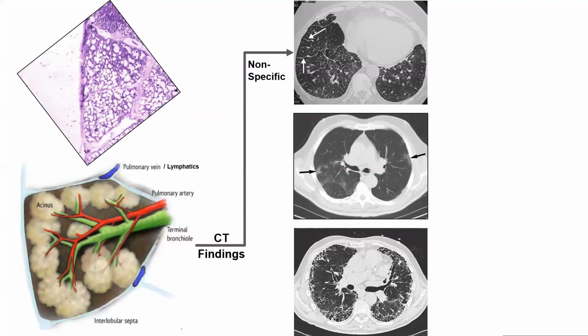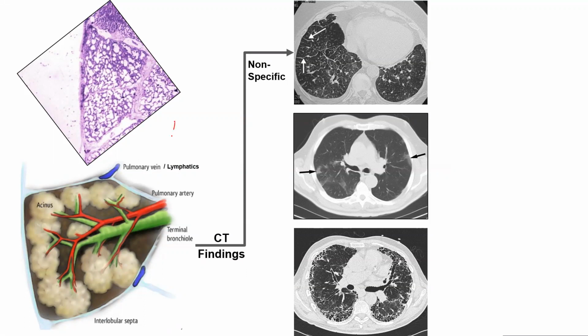The first thing I'm going to go for, and I think this is the most important thing about learning imaging for interstitial lung disease, is what constitutes the anatomical unit that the CT is really seeing. When you look at imaging on a CT, the main anatomical unit is called the secondary pulmonary lobule.